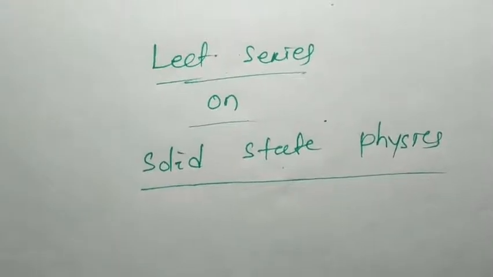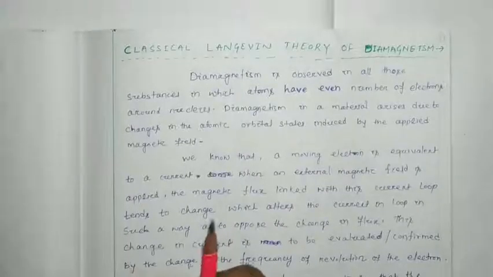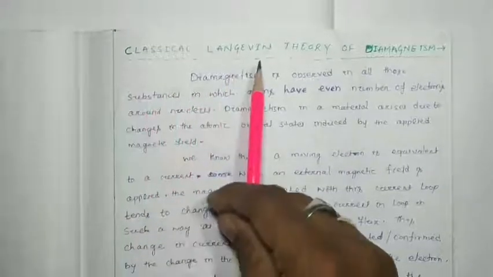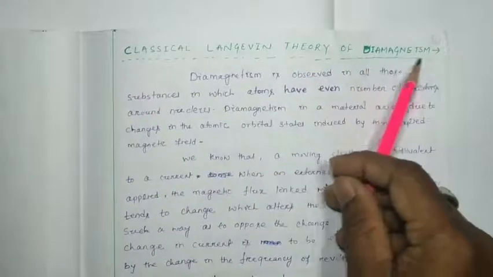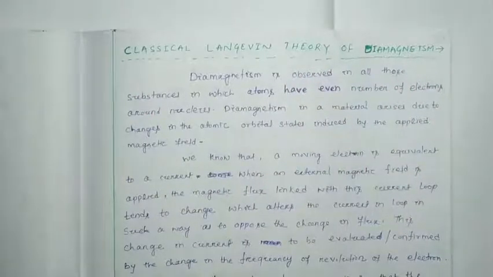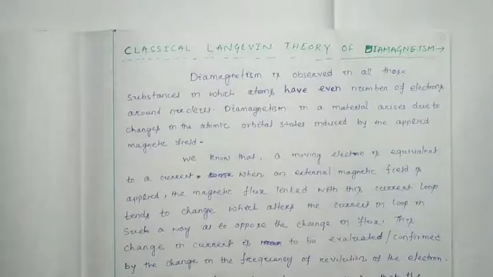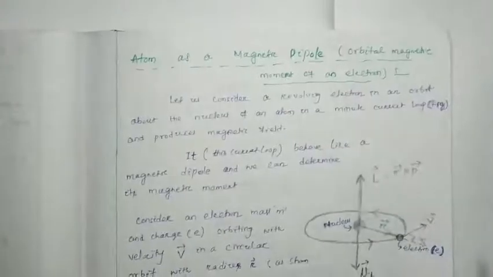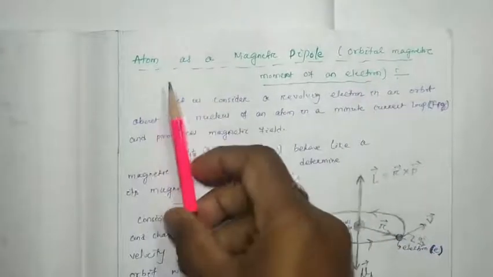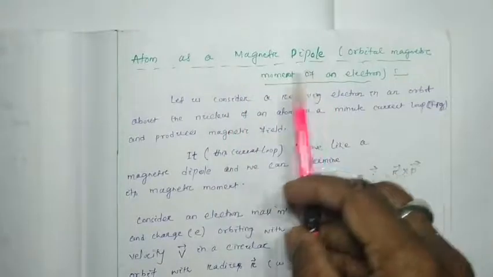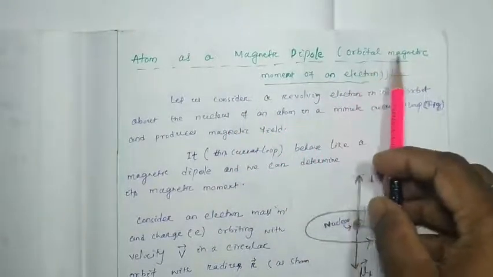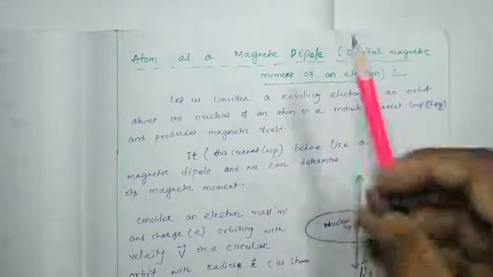Today we are going to discuss the classical Langevin theory of diamagnetism. In our last class we discussed how an atom acts as a magnetic dipole, the so-called orbital magnetic moment of an electron.